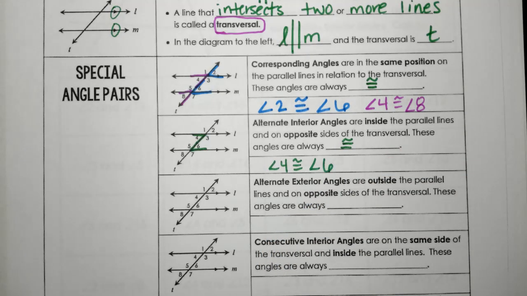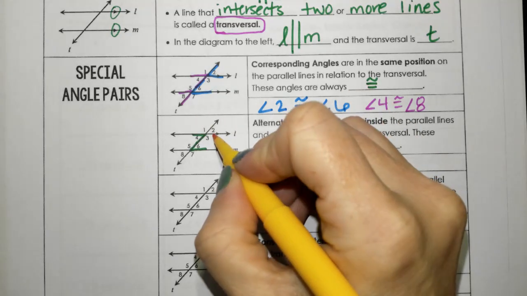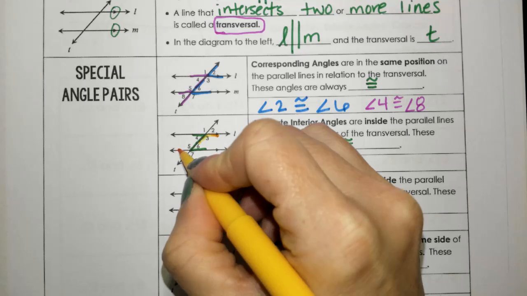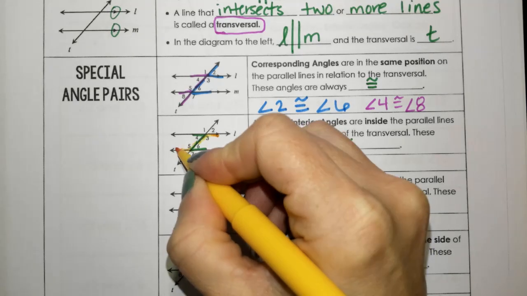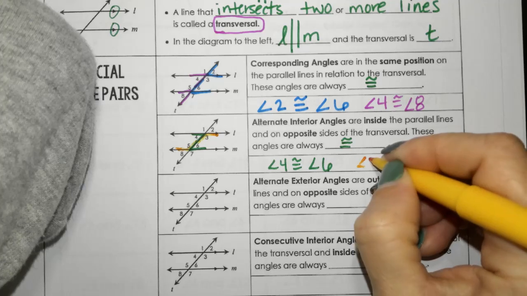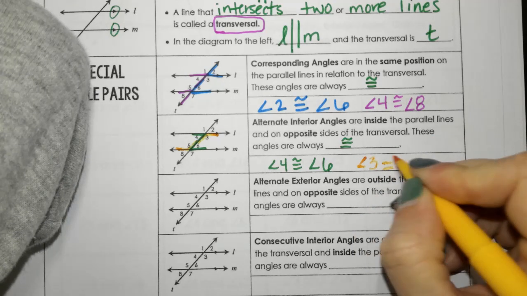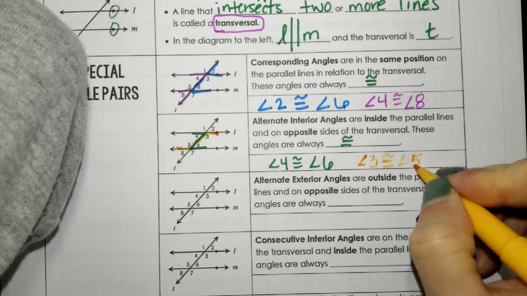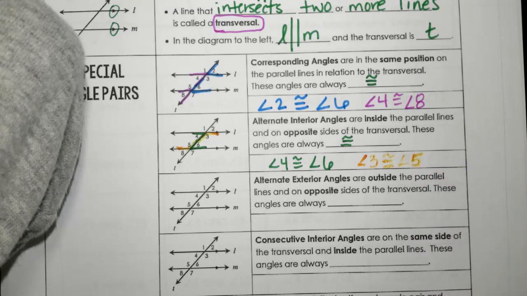Those are alternate interior. And then angle 3 here and angle 5 are also alternate interior. So we could say angle 3 is congruent to angle 5. And my yellow one has officially died. Okay.